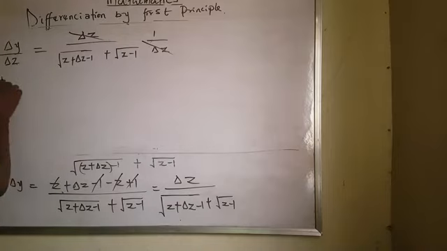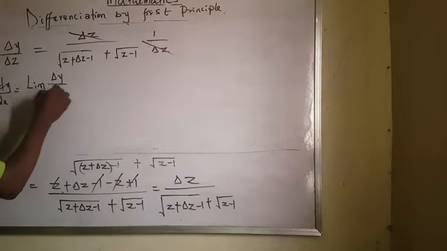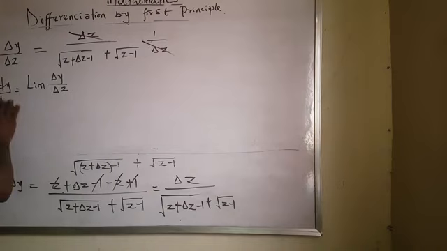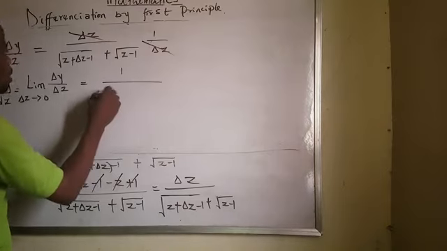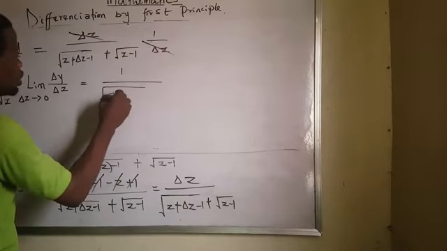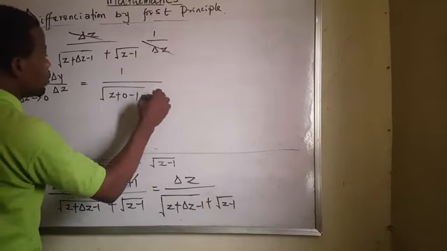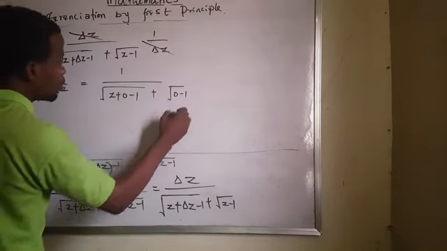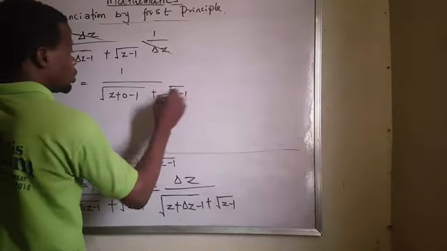So what do we have now? We now say our dy dz is equal to the limit of change in y over change in z as change in z tends to 0. So what do we have? We have 1 upon, this becomes the square root of z plus 0 minus 1, then plus the square root of z minus 1.